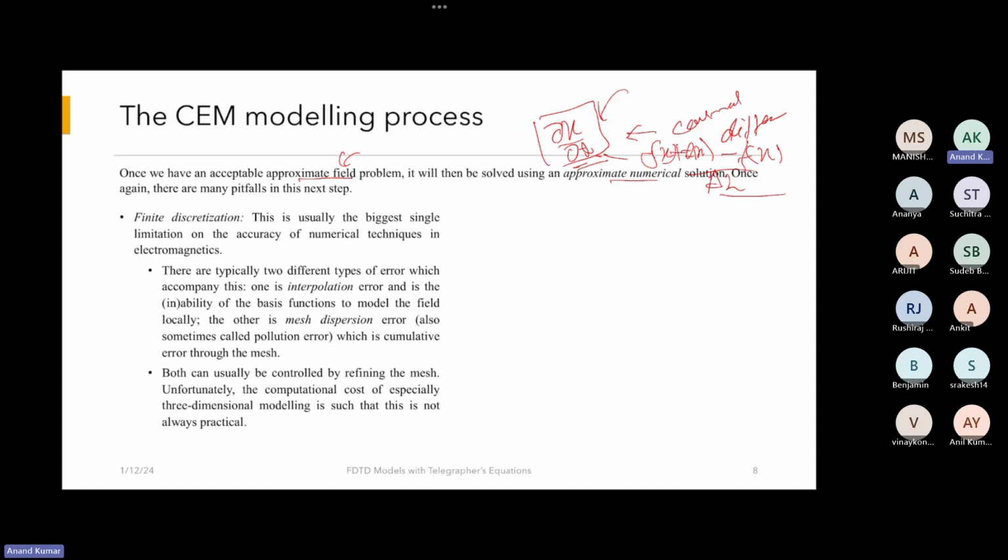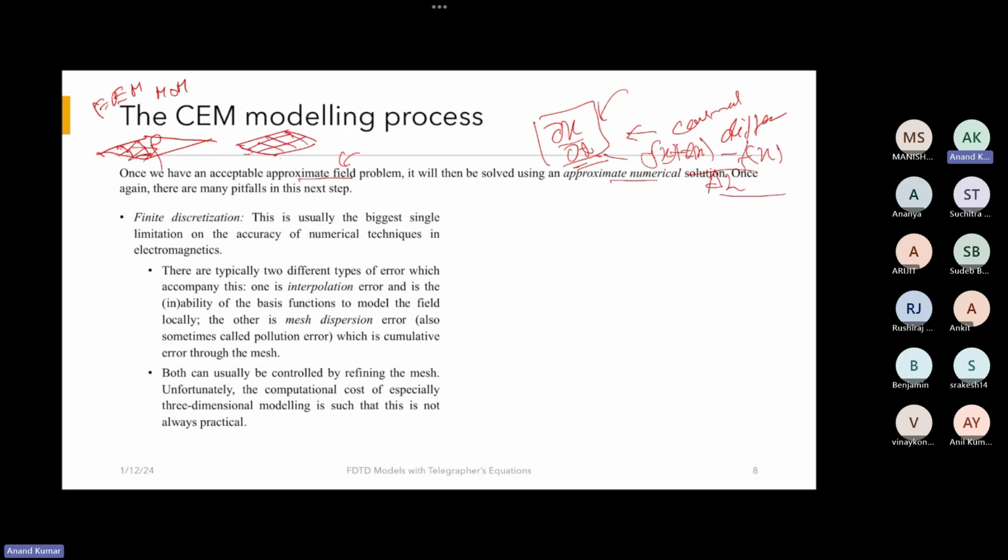So the first is the finite discretization, which can cause a problem. For example, if we are trying to model this particular plate, this plate will have some charge distribution over it. But when we try to model it using computational methods, we have to discretize, for example, using a triangular mesh on the surface in the case of FEM or MOM, or using square meshes in FDTD.